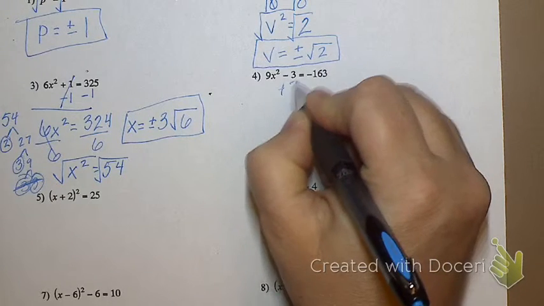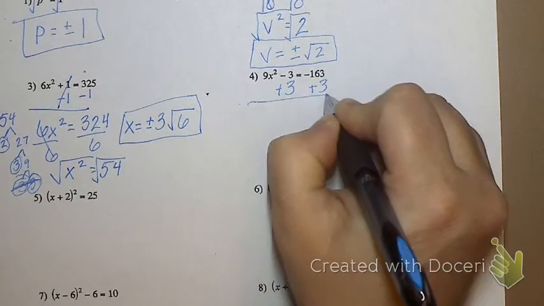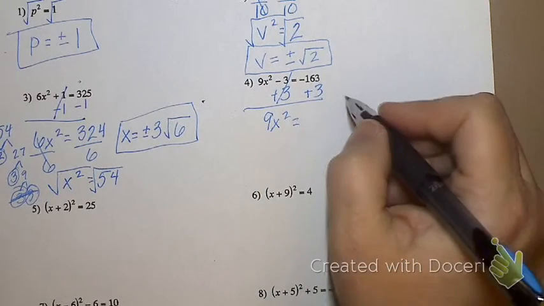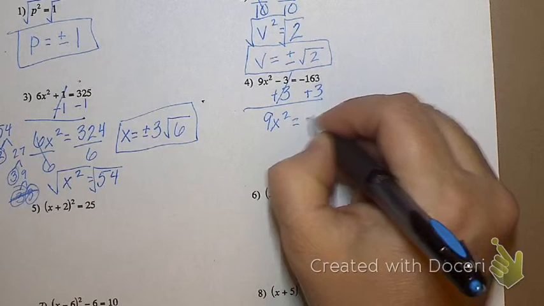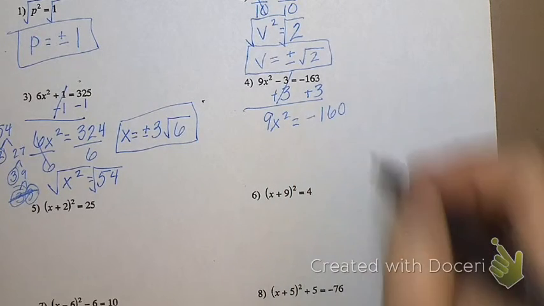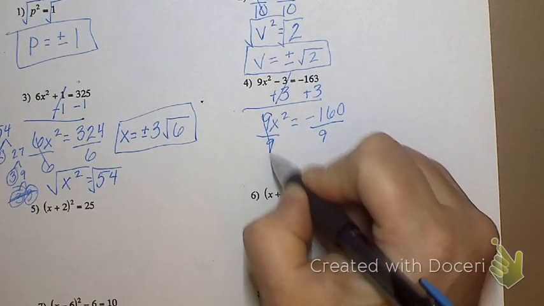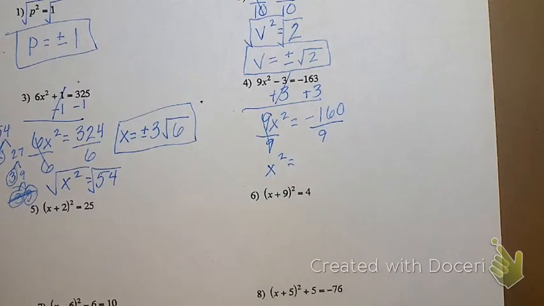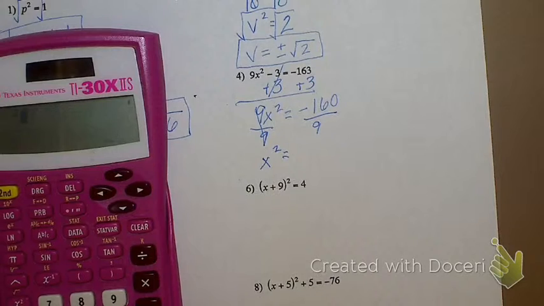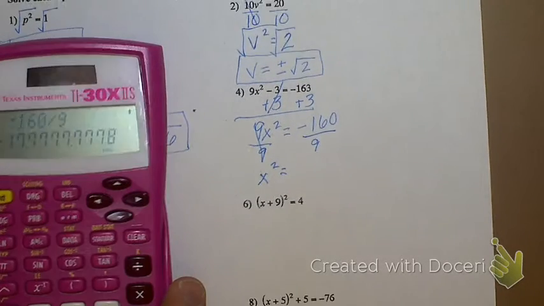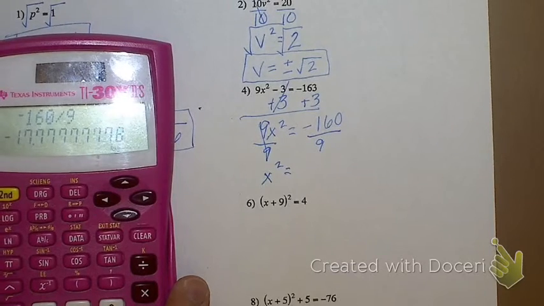All right, what do I do on number 4? Add 3. 9x squared equals what? What's negative 163 plus 3? Negative 160. Now what? So let's see. X squared is equal to negative 160 divided by 9. That's an ugly number, isn't it?